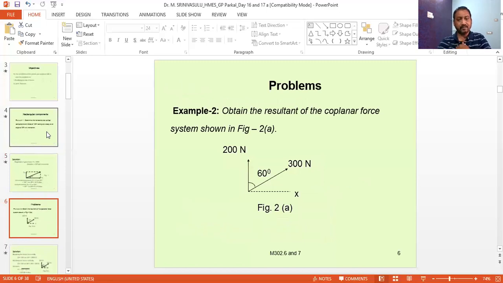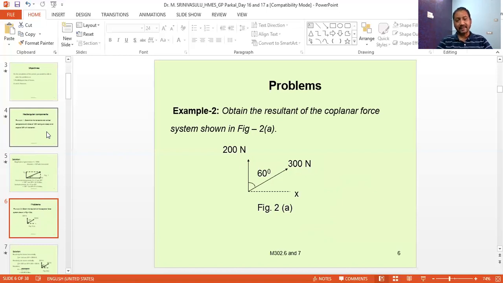Now this is another problem. Here also two forces are given, and we need to find out the resultant of the two forces. For this, first take this figure.